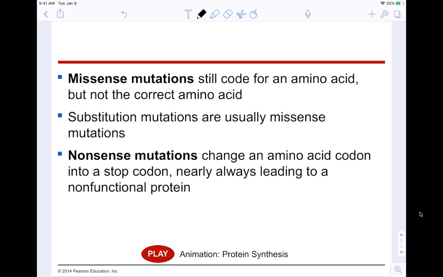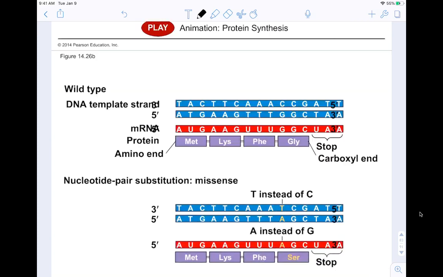Then you also have something called a nonsense mutation, which is a change from an amino acid codon to a stop codon. So instead of coding for an amino acid, now you code for a stop. And they always lead to a non-functional protein because instead of adding in a valine or a serine or a glycine, you're now going to say stop and you haven't reached the end. So it's not going to be functioning because you haven't finished yet.